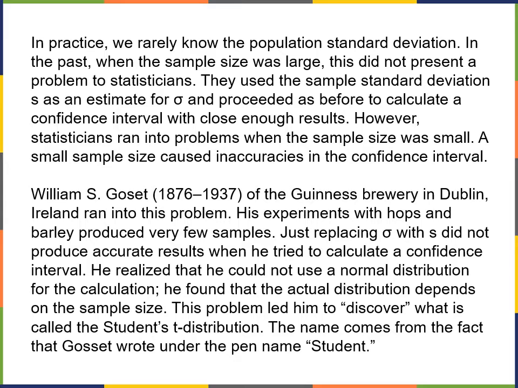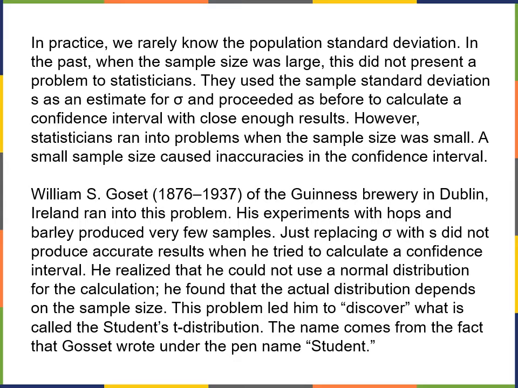So it really wouldn't make sense to know the population standard deviation if you don't know the mean of the population. And so when they did this, they just said, okay, well, we'll just use the sample standard deviation as an estimate for the population standard deviation. And they proceeded to do their calculations for confidence intervals using z-scores to do so.